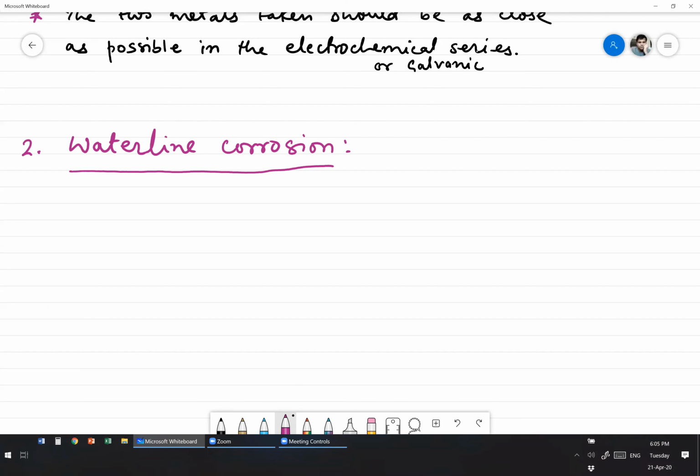This type of corrosion occurs due to the difference in the oxygen concentration.